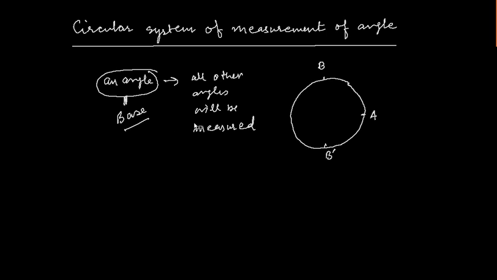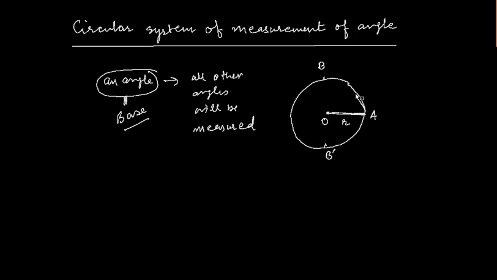For that, we take any point on the circle. For example, I start with A. This is the center of the circle, O. I'll join OA. Now this is the radius r of the circle.